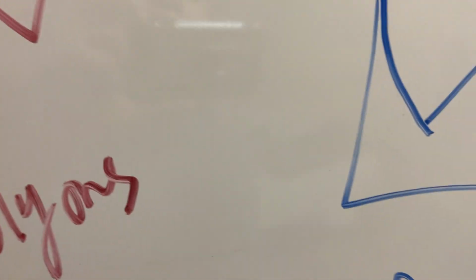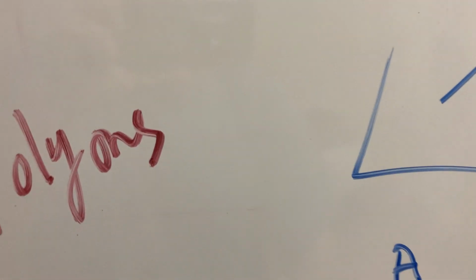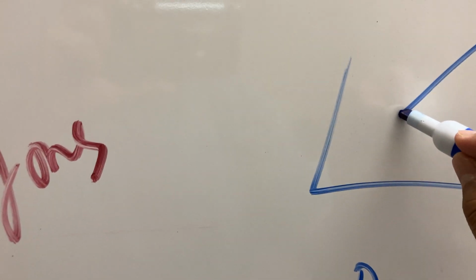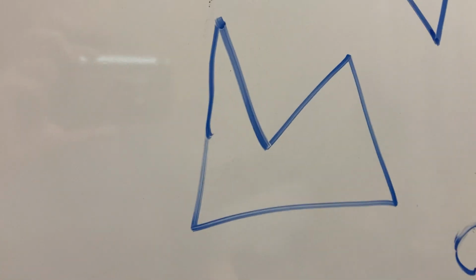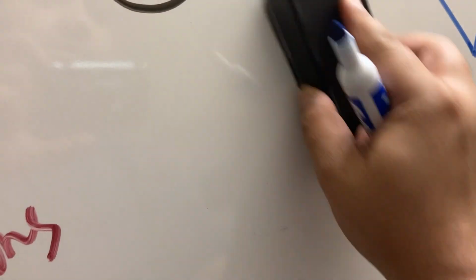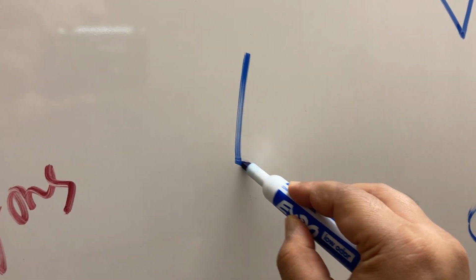This is a little odd, so let me try to clear it and join this. Or maybe let's take a better shape. I'm just trying to draw one example here. So let's say my example is this one.